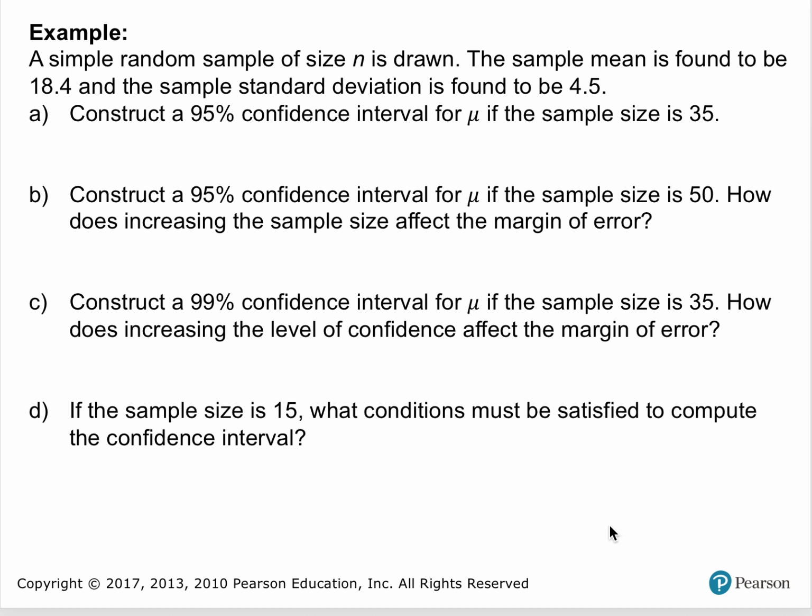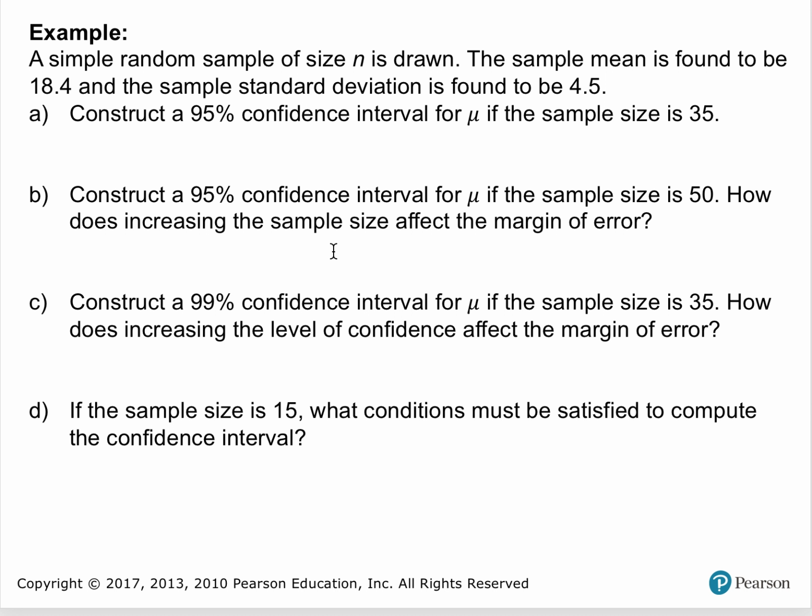Okay. A simple random sample of size n is drawn. The sample mean is found to be 18.4 and the sample standard deviation is found to be 4.5. All right, so we've done this a couple of times by hand and by the chart. Let's do it on our calculator now. Okay, and again, the instructions from your book are under the technology tips from the text.